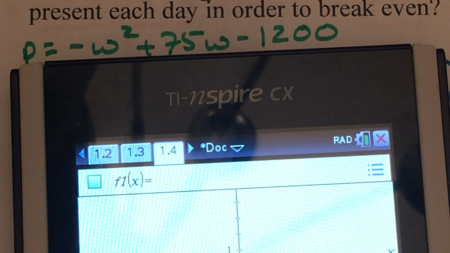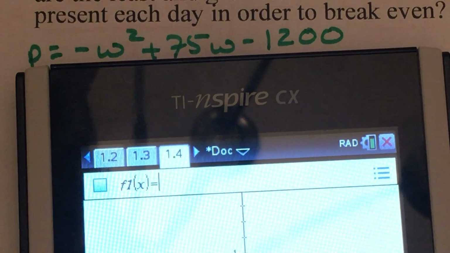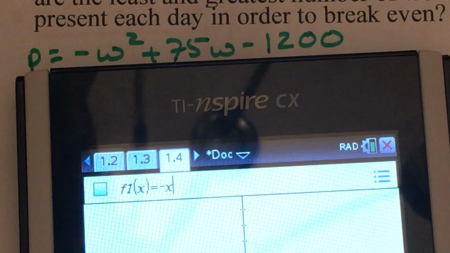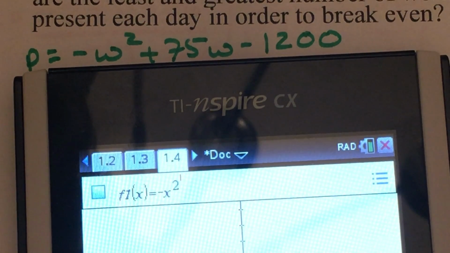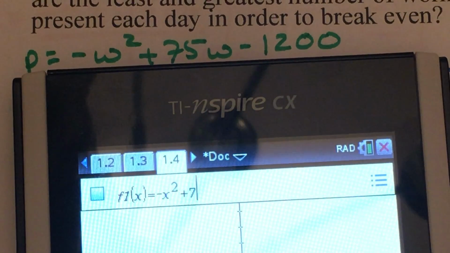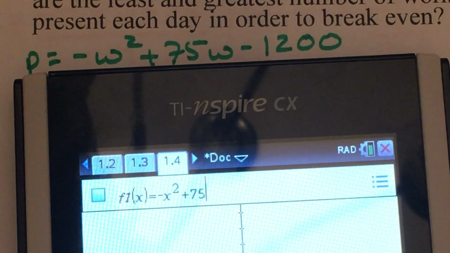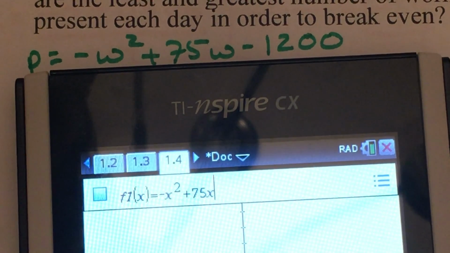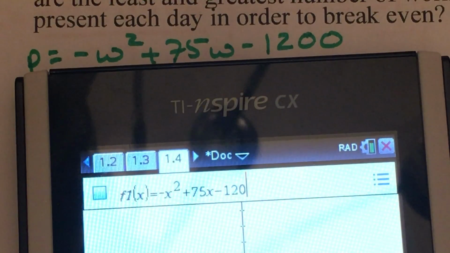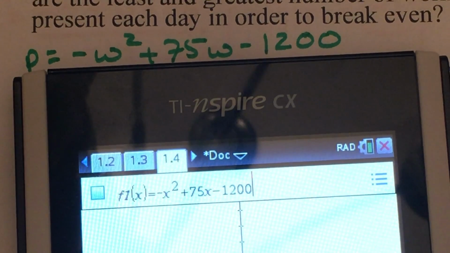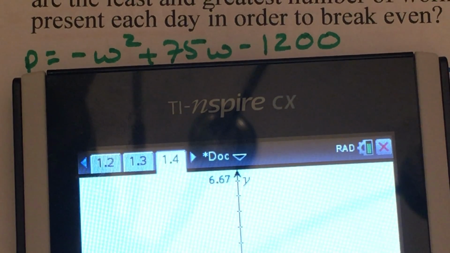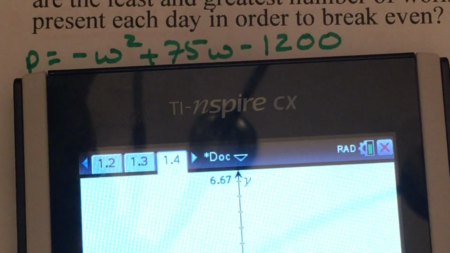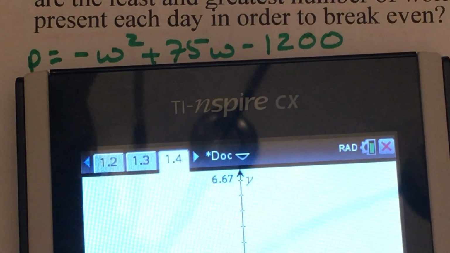I need to use x's. So negative x squared plus 75x minus 1,200. Enter. Now I can see nothing on my screen. That's fine. Let's go look at your table.